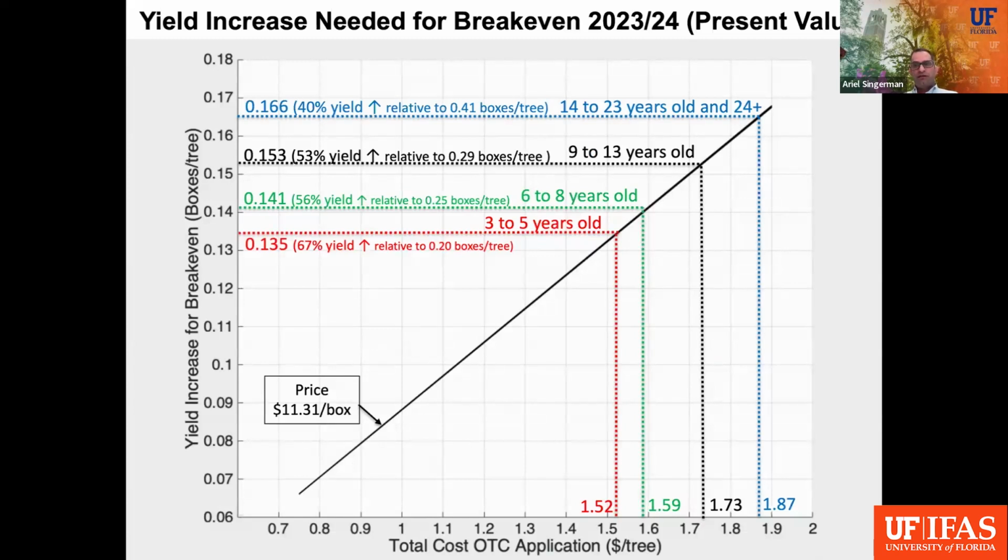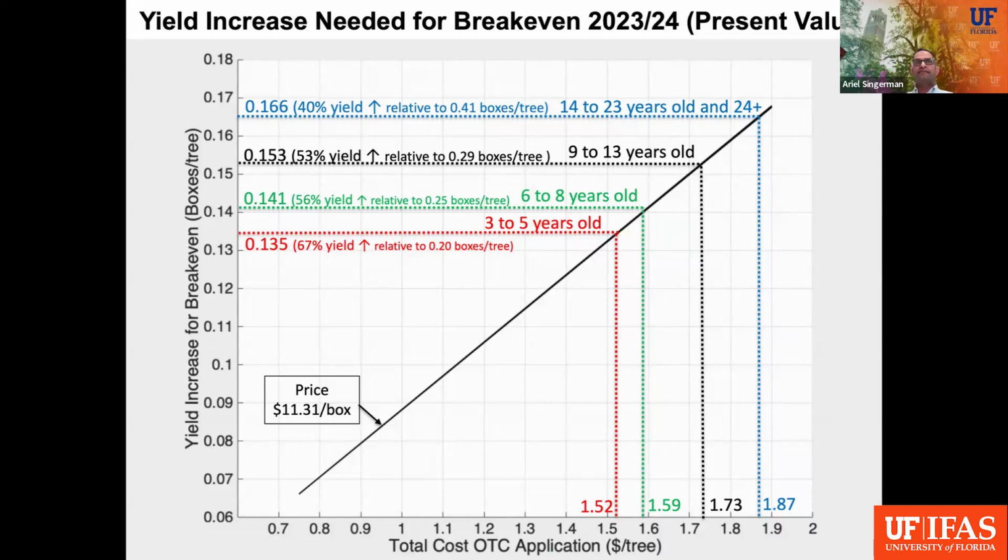As I mentioned a few slides ago, we have to bring back whatever the cost was last year to the present value. And so last year, the cost of application to 3 to 5-year-old trees was $1.38. Now, I need to compound that, and I am assuming that the cost of capital is 10%, so that brings that value to $1.52 per tree.